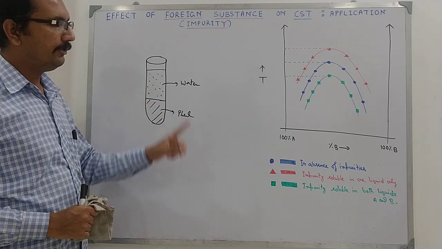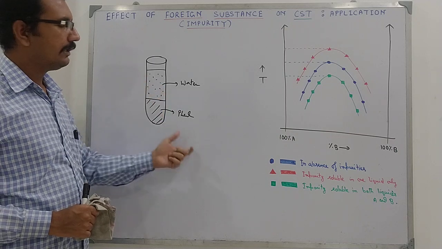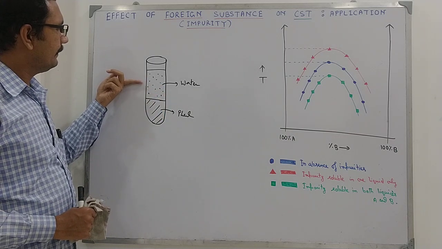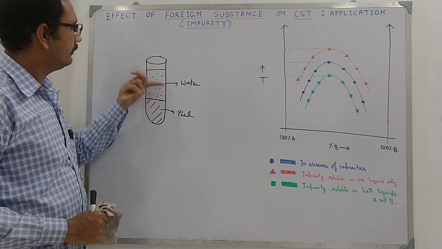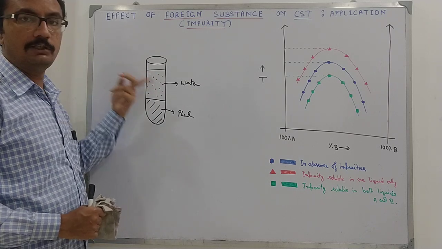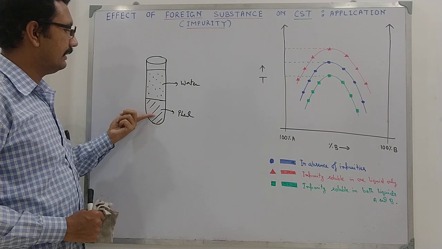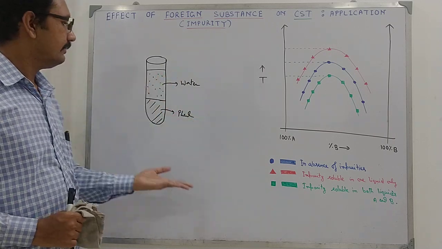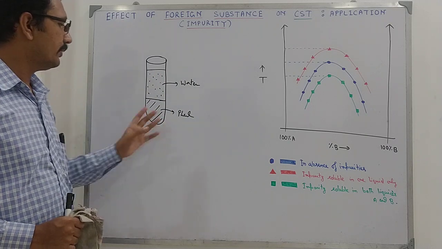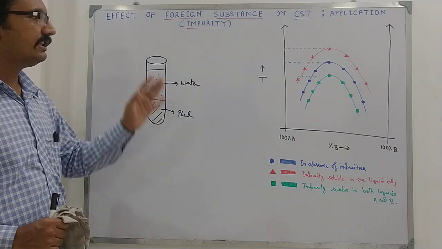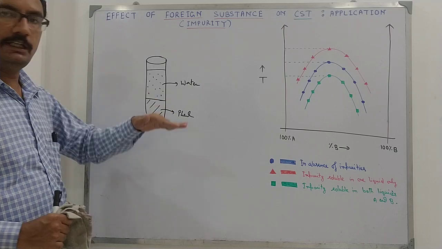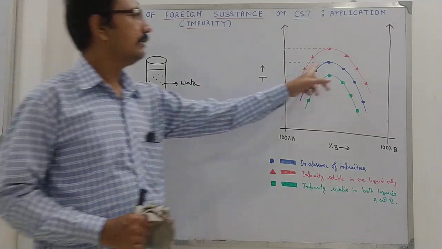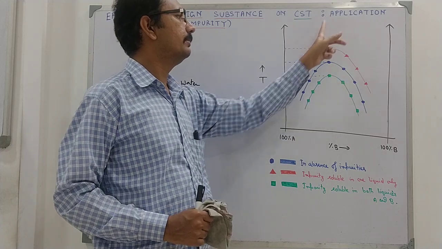So if the impurity has a choice of one liquid rather than two, then it will prevent the liquid molecules in which it is dissolved from going into the other layer. So there will be a decrease in the mutual solubility. Now what will happen if the mutual solubility decreases? Then you need a greater temperature to increase the solubility. So this critical solution temperature will go up.